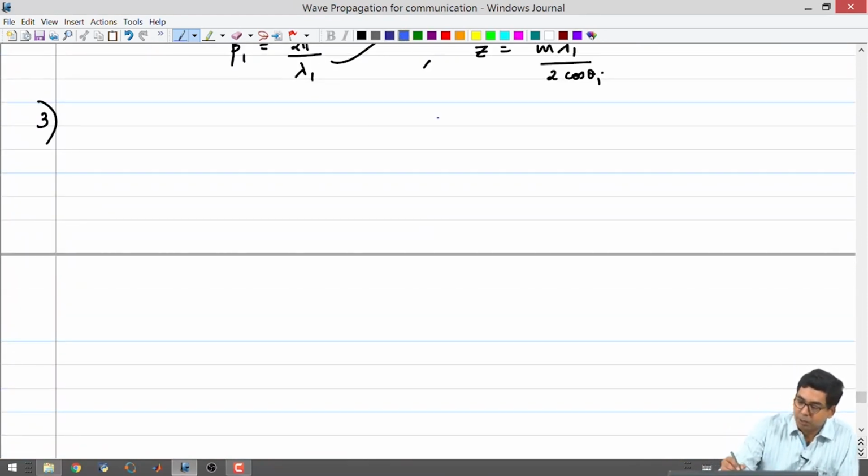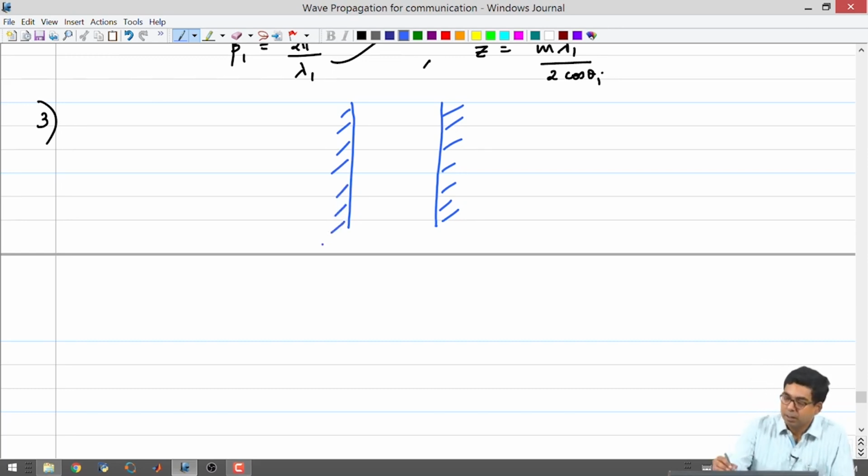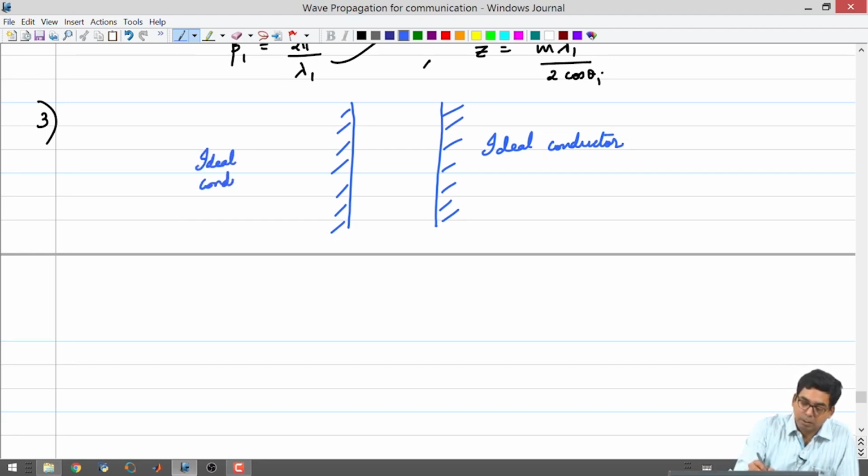So, the schematic now would look like this: I have an ideal conductor on the right, an ideal conductor on the left side.